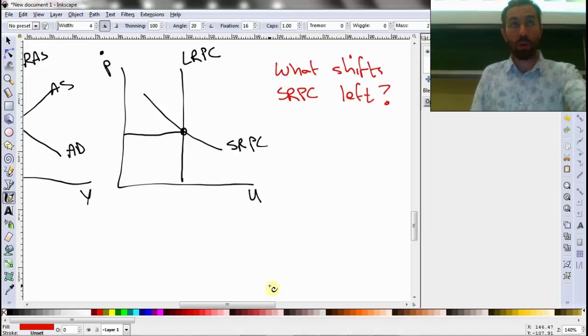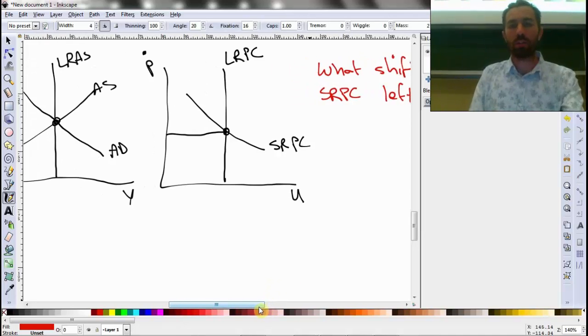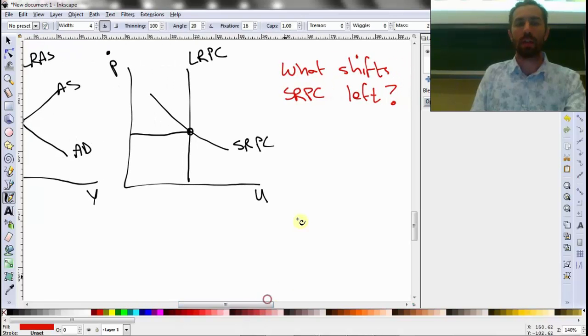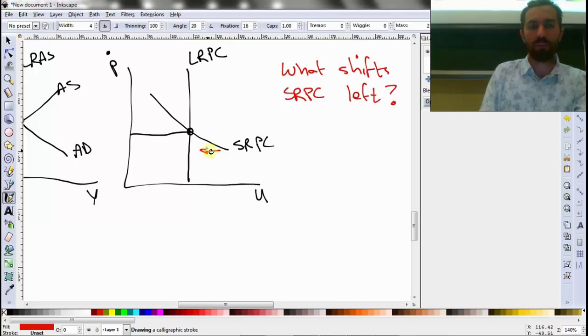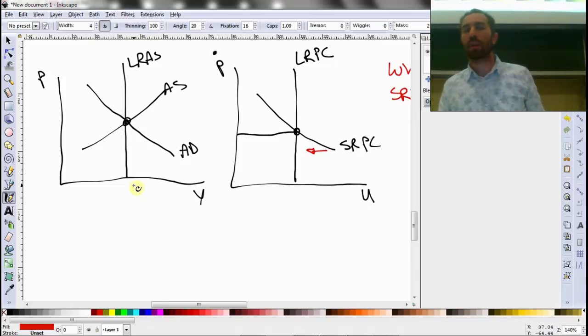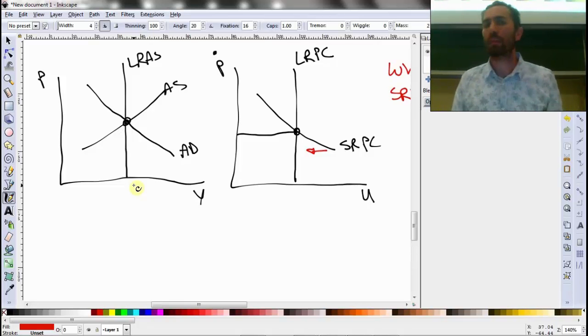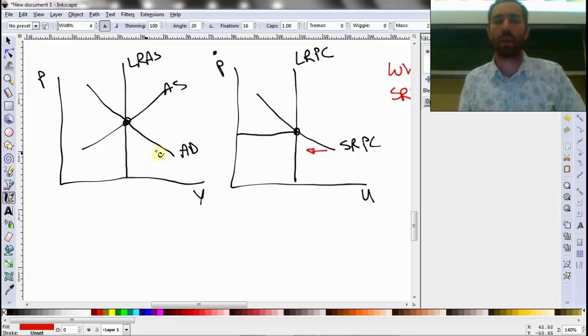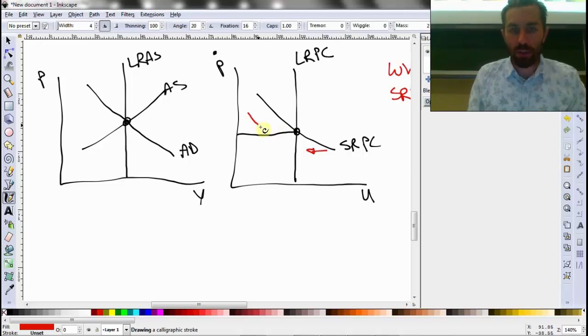So that was the question that was asked, and my question to you is basically the same. What I'd like you to do is illustrate, when the short run Phillips curve shifts to the left, what we would expect to be the situation in our ASAD model.